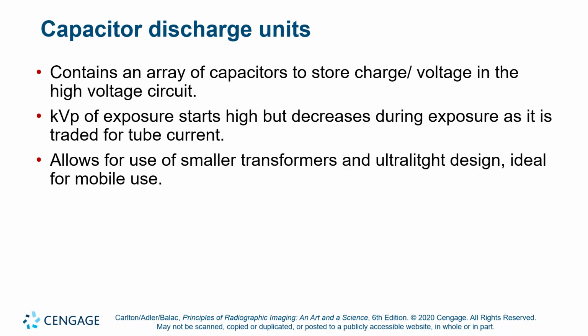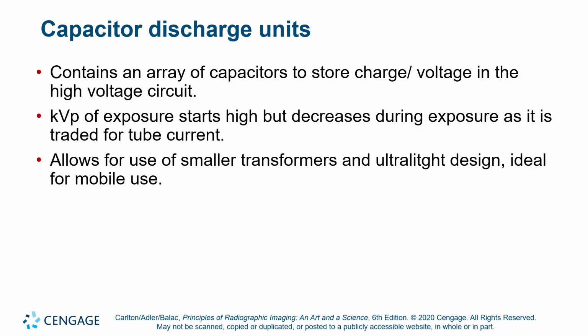If you have an array of capacitors between your rectifier and your X-ray tube, then you can get away with a smaller step-up transformer and load your kilovoltage into capacitors without actually ever generating kilovoltage at a transformer.